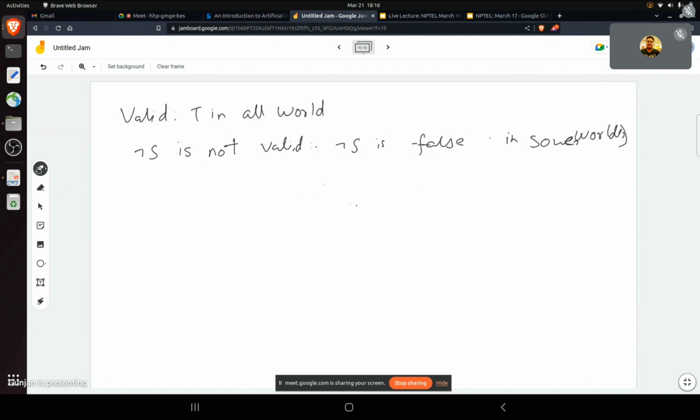So that would mean that S is true in some world, right? If we take the negation of this, that means S is true in some world. In the worlds where not S is false, S will become true, and wherever not S is true in those worlds, S will become false. So S is true only in some world. And since S is true in only some world, it is not valid.